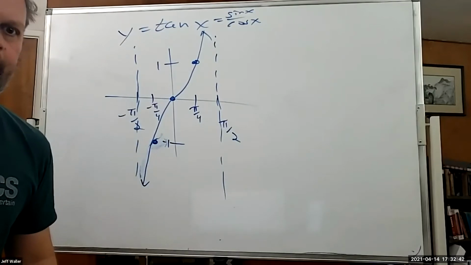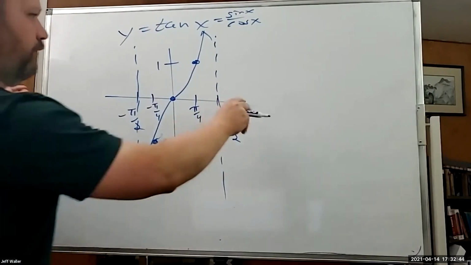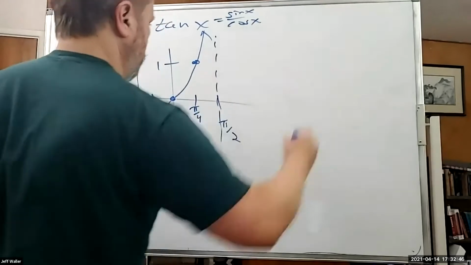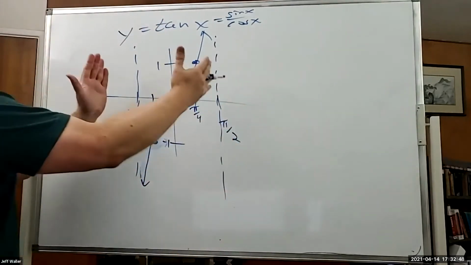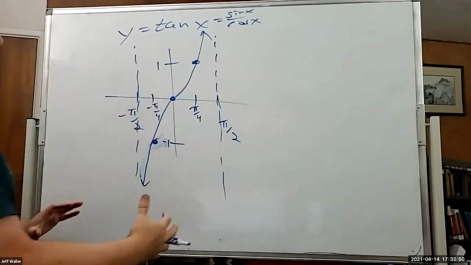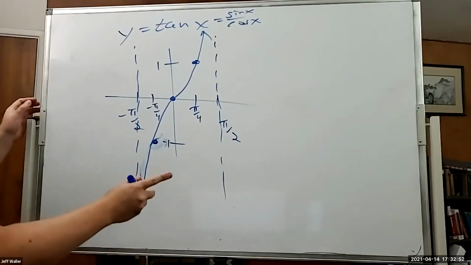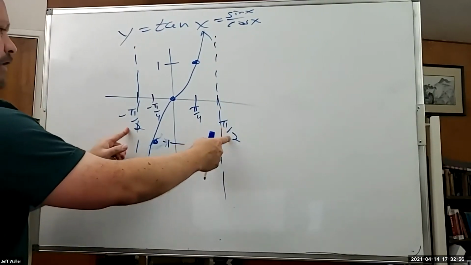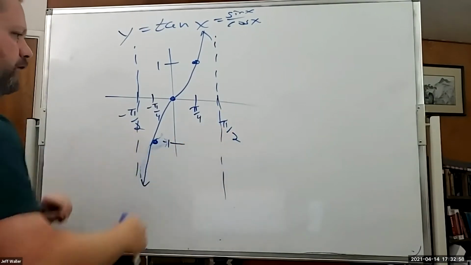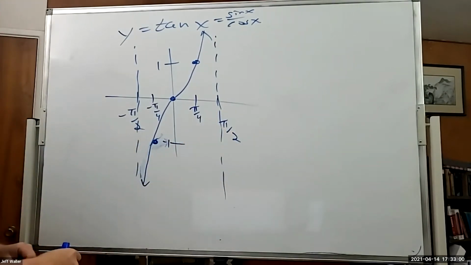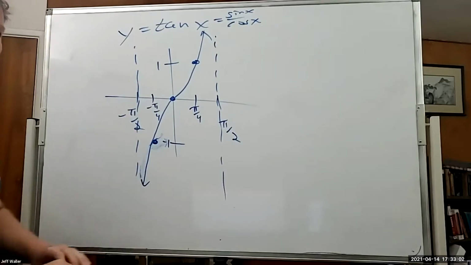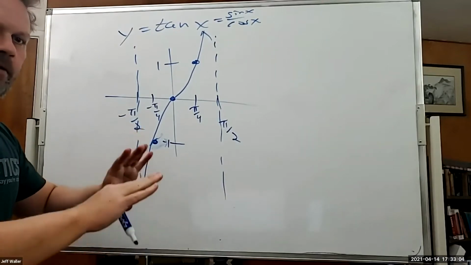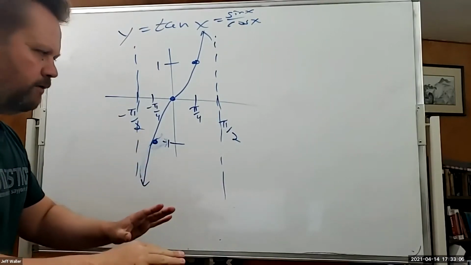That's tangent, and it repeats in both directions forever. This is like the heart of it. So the inverse tangent is going to have a range between negative pi over 2 and pi over 2. That's basically what we did at the very end of class last time.